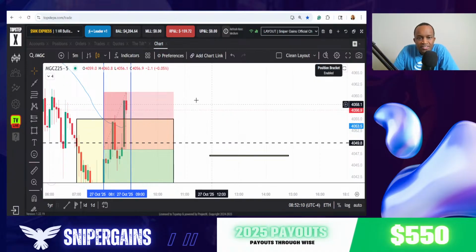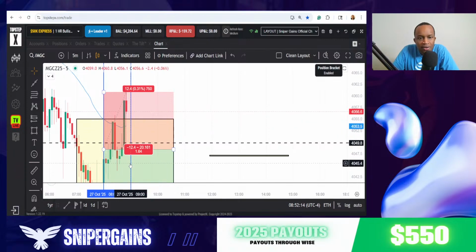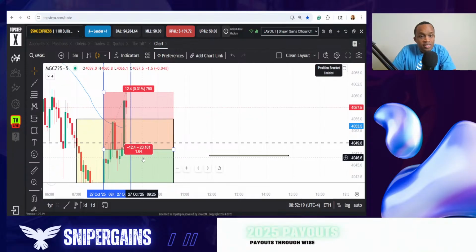Okay, with 3 minutes, this is most likely not gonna close all the way down here, but we'll still give it time just to see if it does.